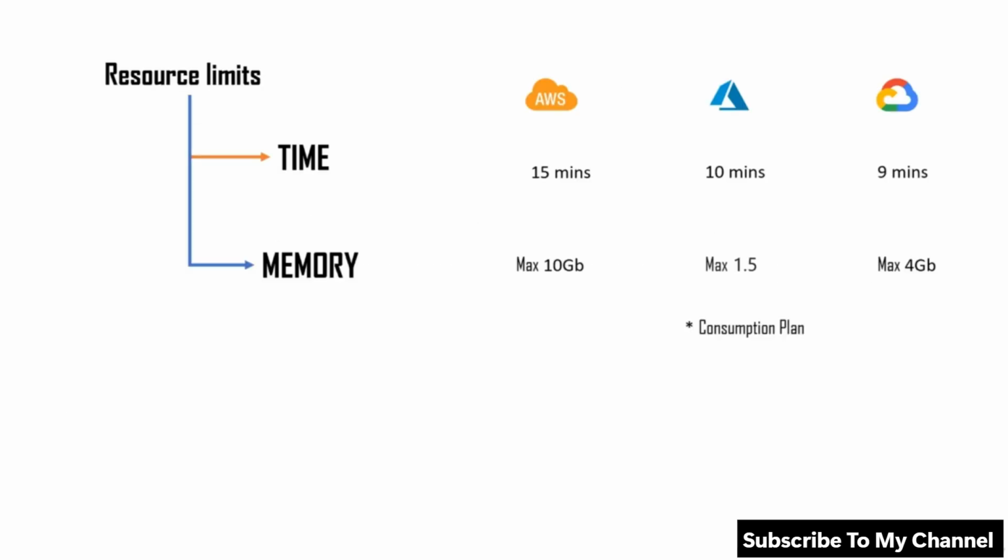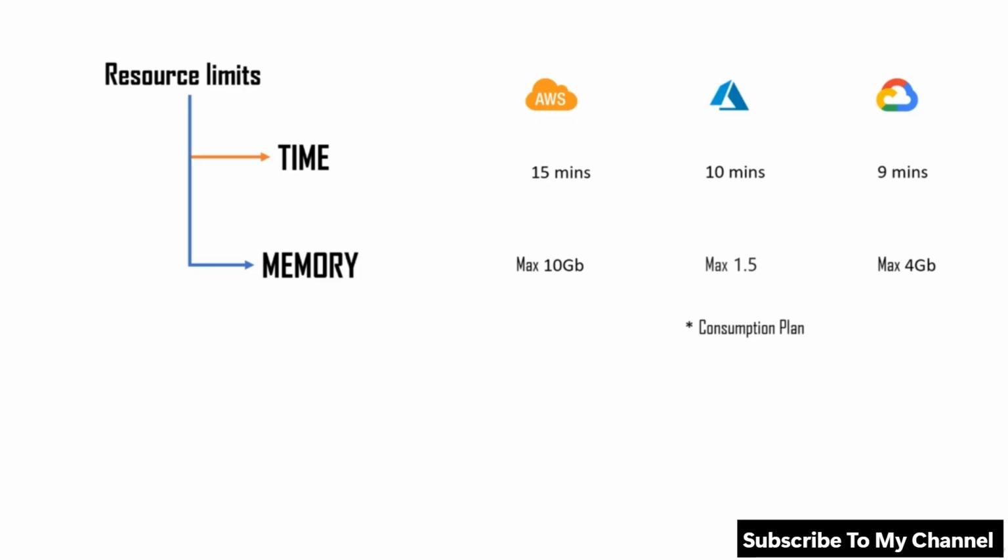Now, the other disadvantage of using a serverless application is that you have limited time and limited memory. That is because you wouldn't want your serverless application to be running forever. You would only want to execute small chunks of code for a limited period of time with limited memory. Even though this is not a disadvantage, it is something that you should be aware of.